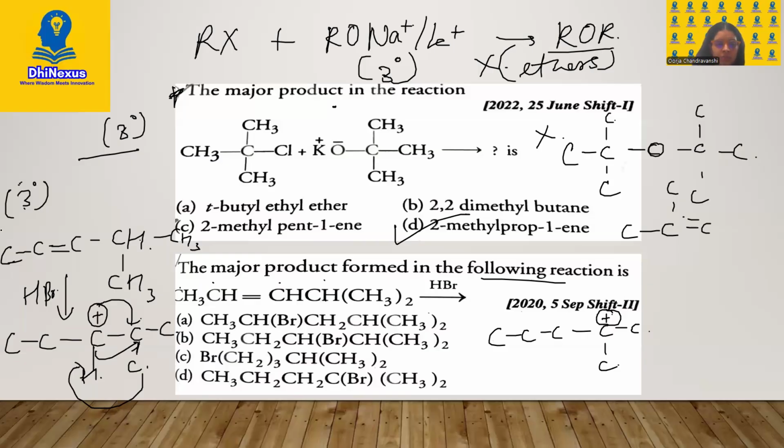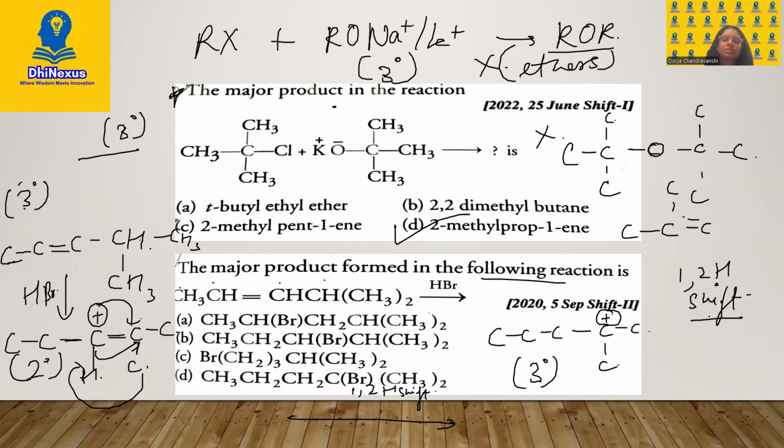Why did I shift it? Because here the carbocation was secondary, and in this case the carbocation is tertiary. This type of shifting is called a 1,2 hydride shift.